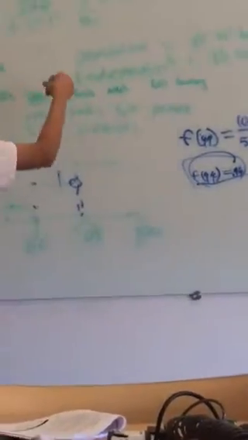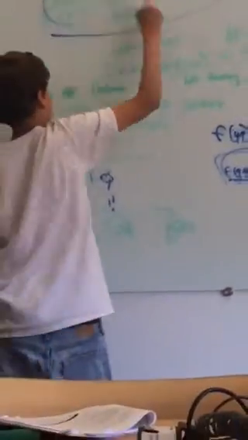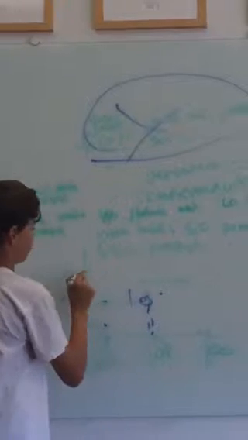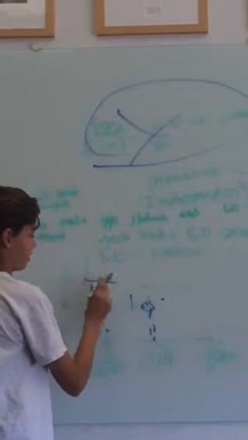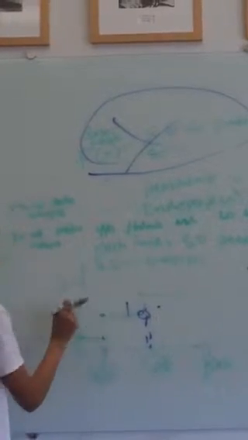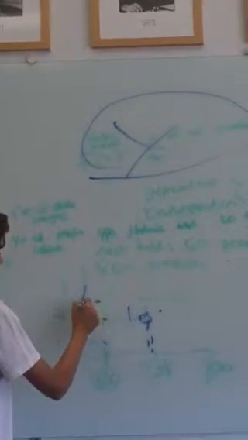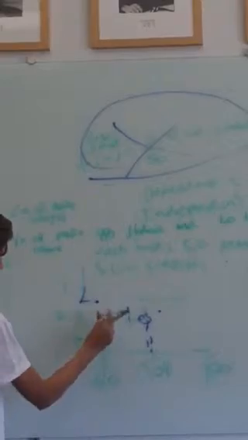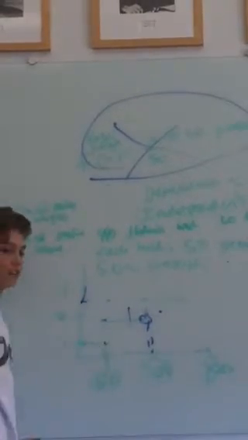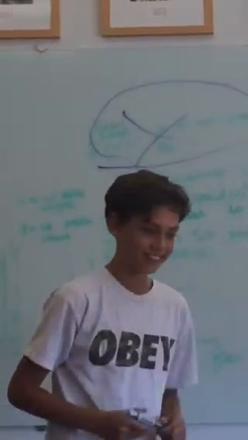Therefore, this does not work for this given problem. It's not an accurate function because, if we look at some points on the graph, it doesn't have an output. Scratch that, I'm sorry.